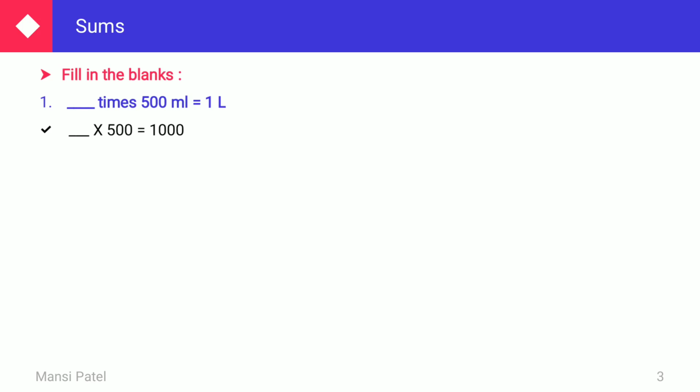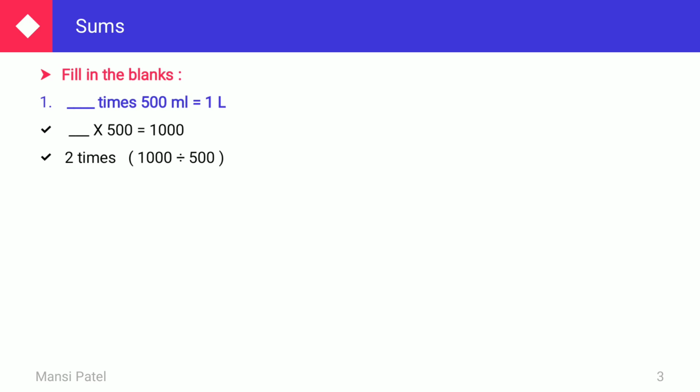So here you have to solve like this. Which number multiplied by 500 gives you 1000? Here your answer is 2. So 2 times 500 milliliter is equal to 1 liter. And how does this 2 come?